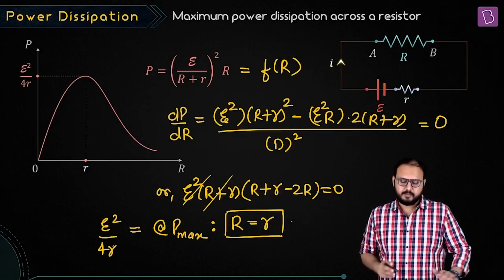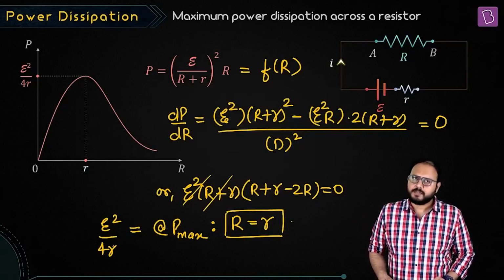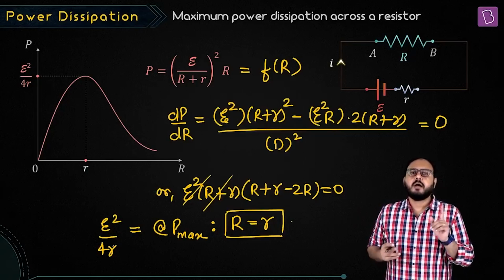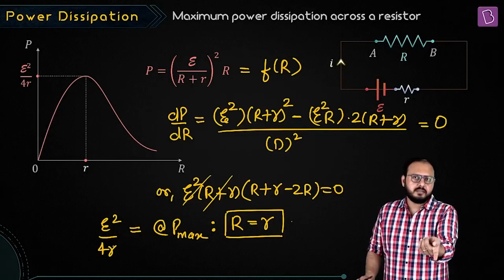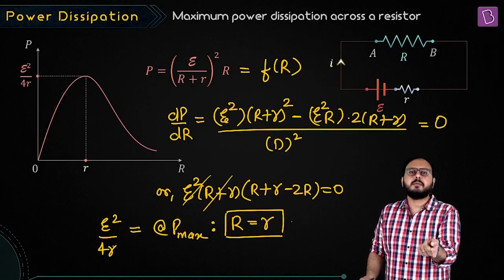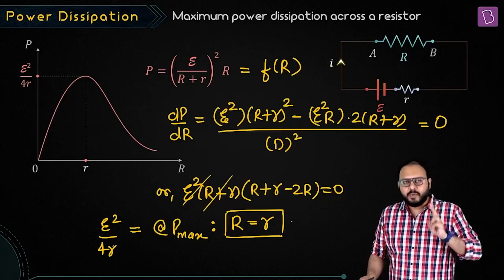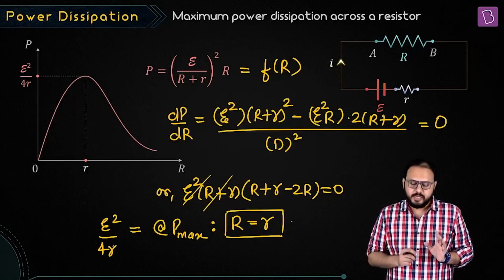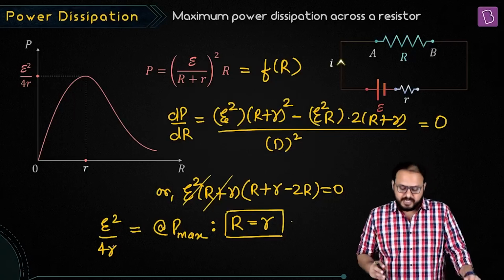So I'll repeat: maximum power dissipated across a variable external resistor occurs when that external resistance matches the internal resistance. Point number 1. And when this happens, the maximum power is E square by 4r, in terms of constant parameters.